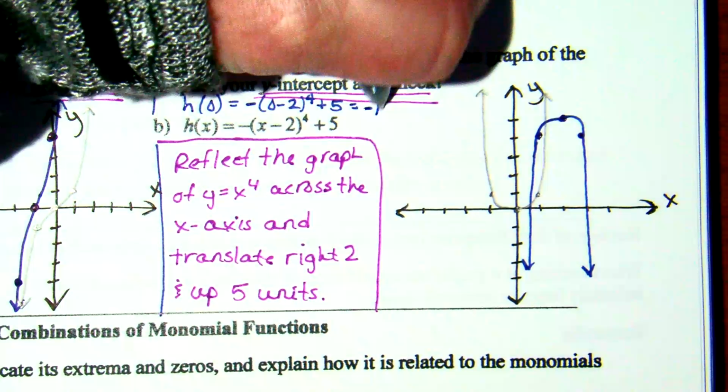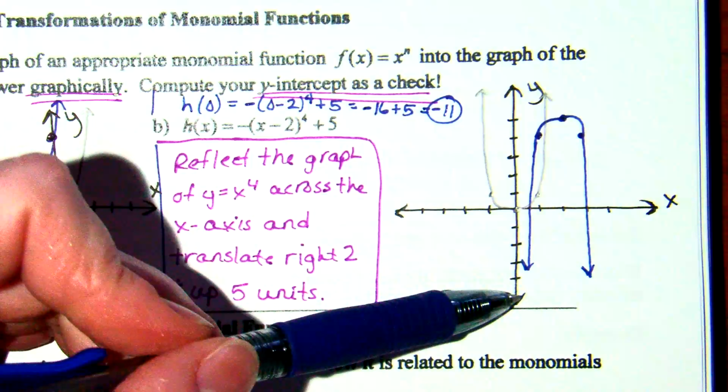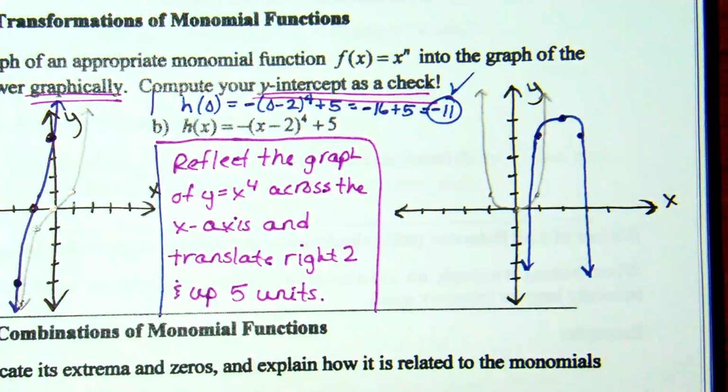Negative 16 plus 5 is negative 11. Does that check? Well, we don't really have a y-intercept on the graph, do we? Does it make sense that I could have a y-intercept of negative 11? Yes. It's going down, it's headed that way. So to me, that's a check. Even though we don't see it, if my y-intercept was positive 11 and my graph is upside down, headed the wrong way, that's the problem. Does that make sense? Okay.